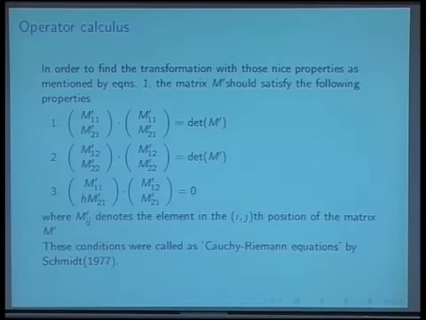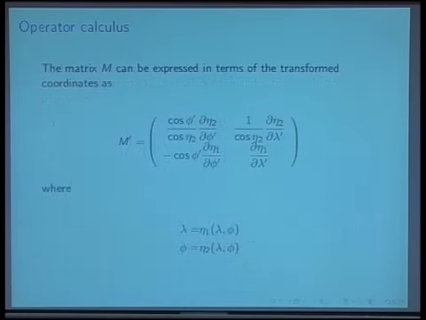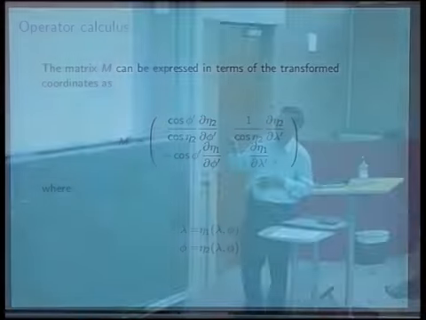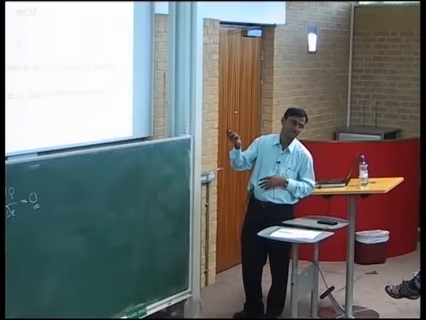That is, if you look at the matrix M prime, the scalar product of the column vector 1 with itself should be equal to the determinant of this matrix.